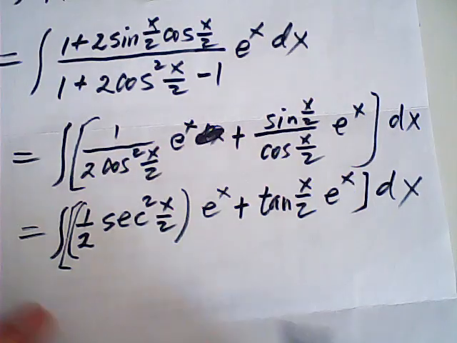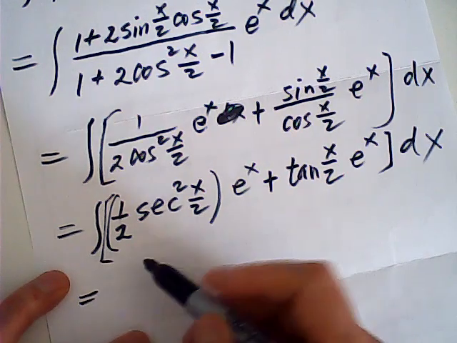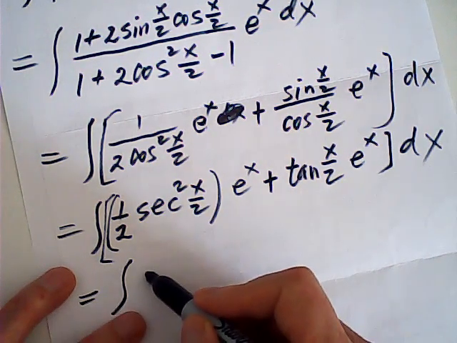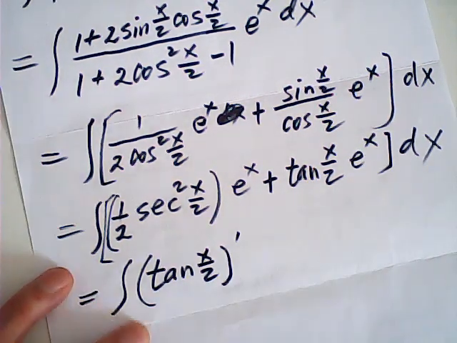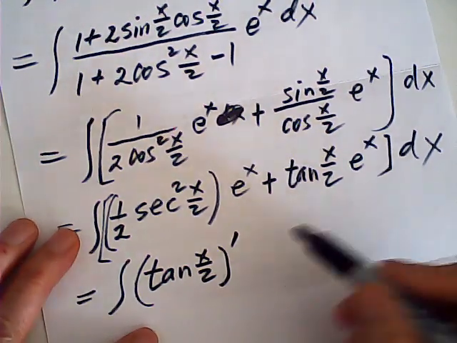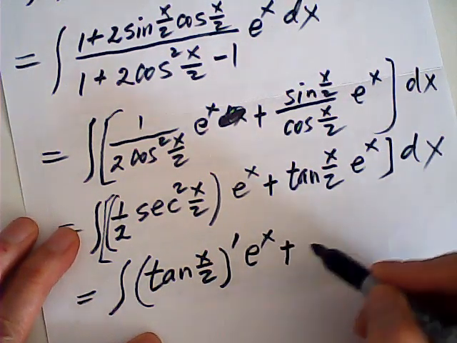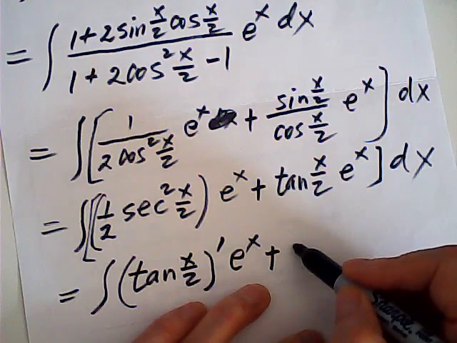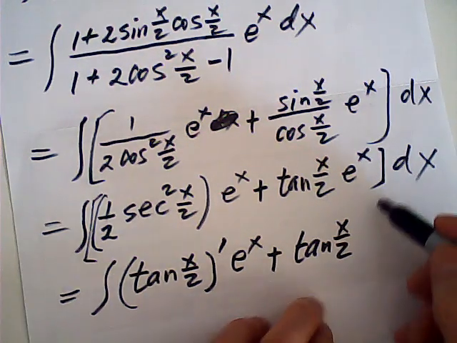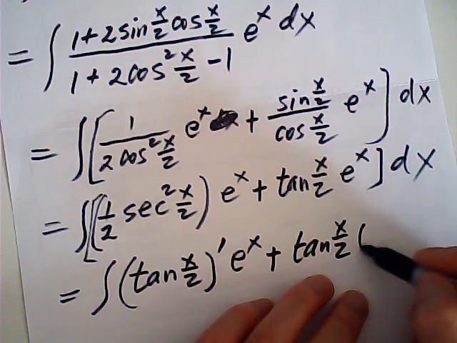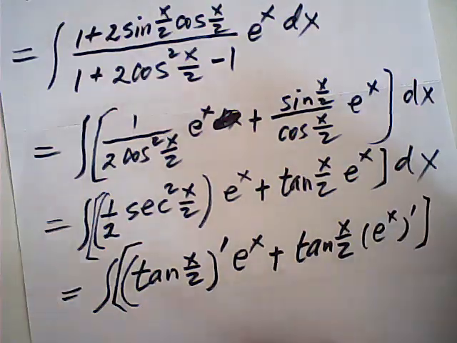Now this is the derivative of tangent half x times e to the x, plus tangent half x times the derivative of e to the x, all together dx.